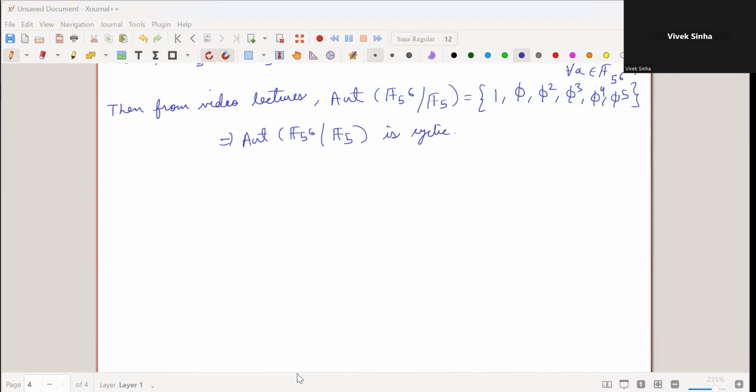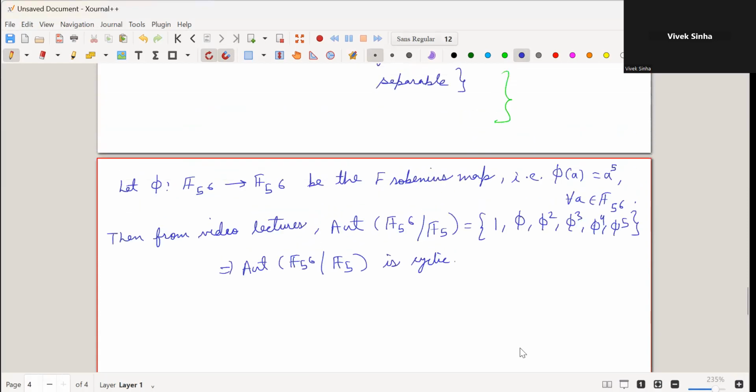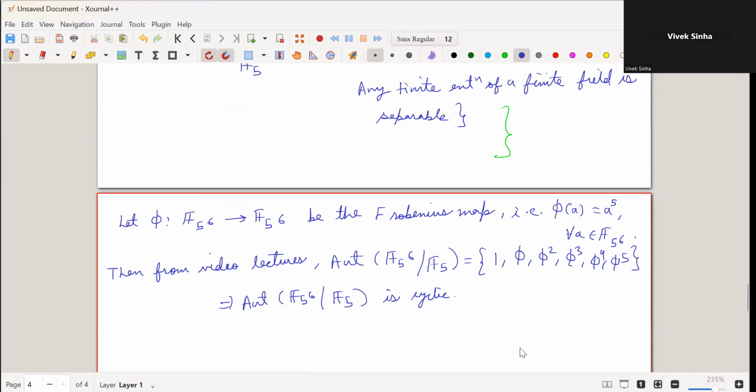Last step. Okay, so in the last step, for any finite extension FPN of FP, you can define a Frobenius map from FPN to FPN, sending the elements to their pth powers.